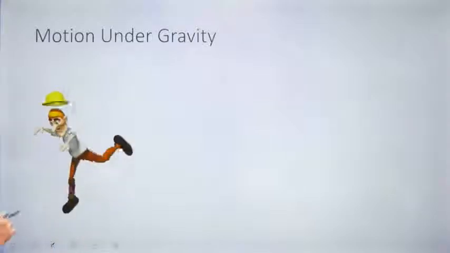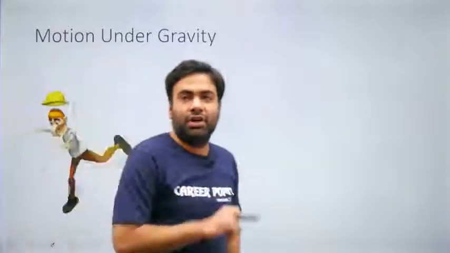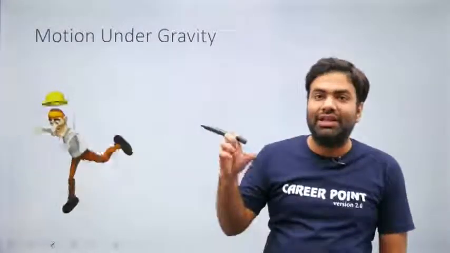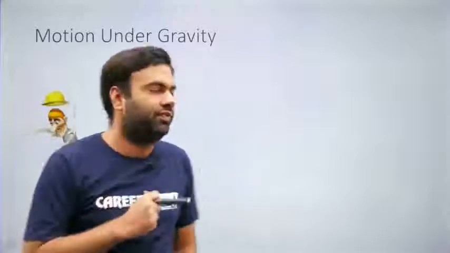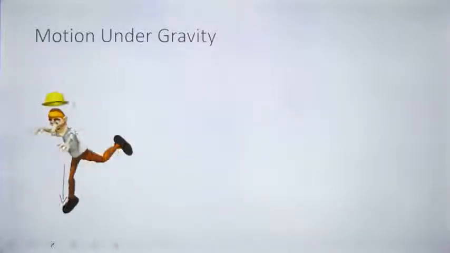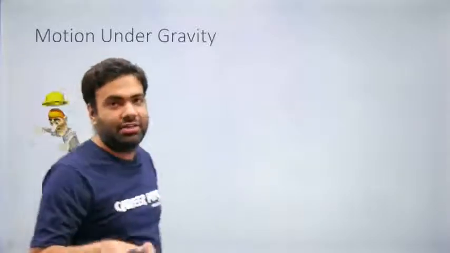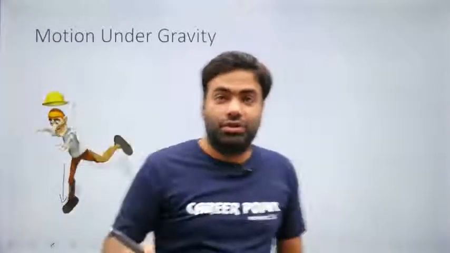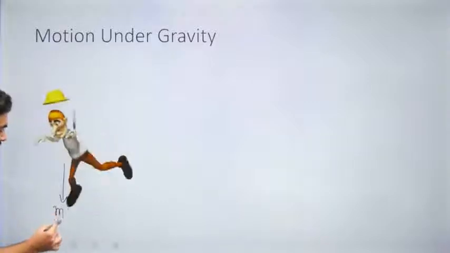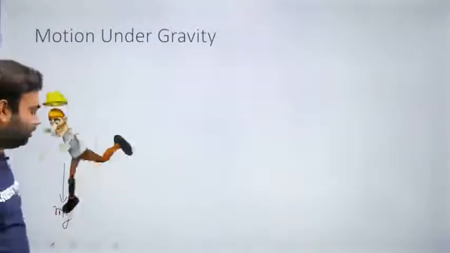Because near the surface of Earth, if there is any object, due to gravitational force of Earth, that object is attracted towards the center of Earth. This falling man is also attracted towards the center of Earth, and that gravitational force is equal to the mass of this man multiplied by acceleration due to gravity.